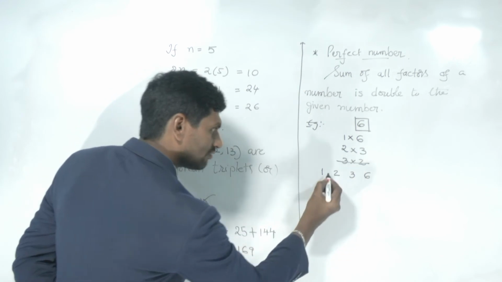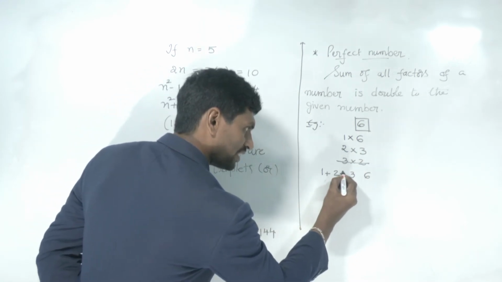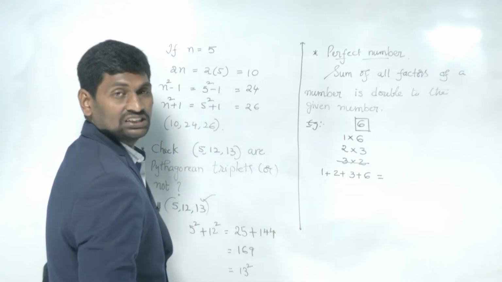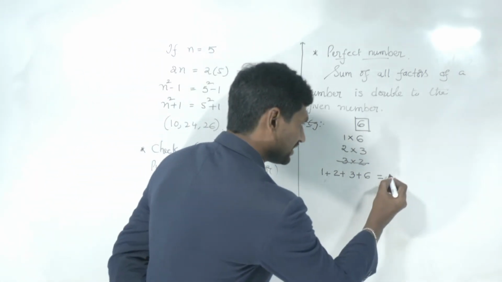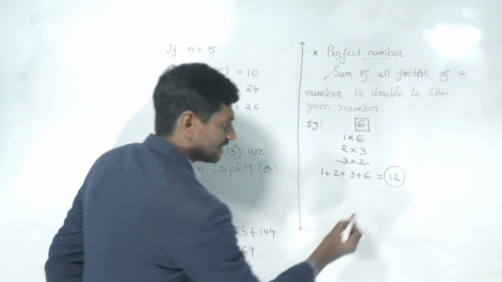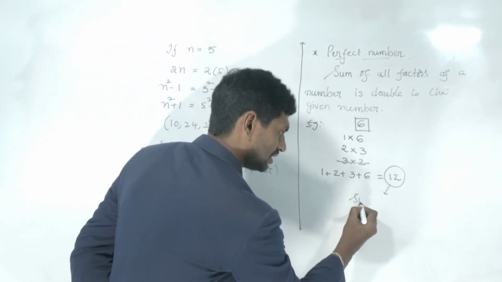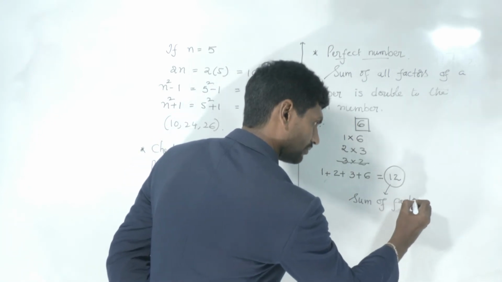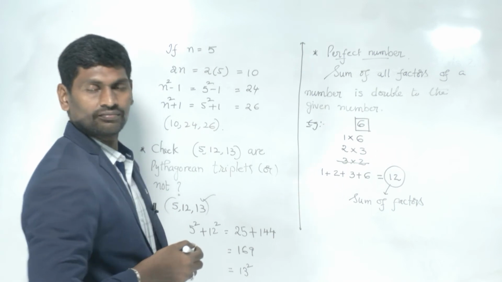Try to add all of them. 1 plus 2 plus 3 plus 6. 1 plus 2, 3. 3 plus 3, 6. 6 plus 6, 12. So this is the sum of factors.